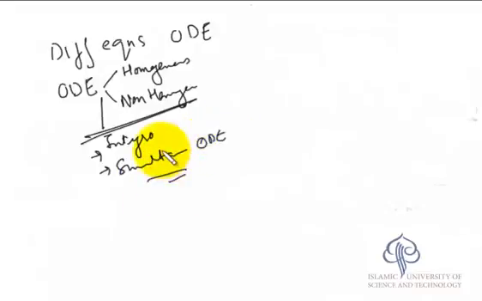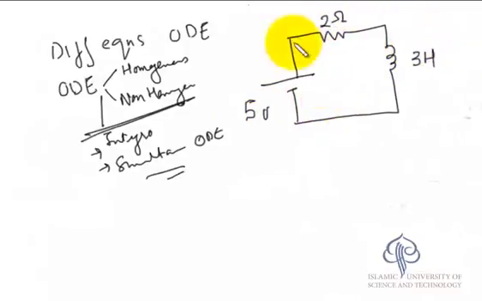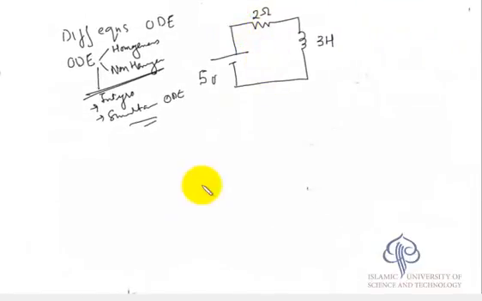So with this information, we should be able to solve some simple circuits, and slowly we'll move on to more complicated ones. Like for example, if we are given a simple circuit like this, a source, a resistance, and an inductance. Suppose it is given that this is 5 volts, this is 2 ohms, this is 3 Henry, and you want to find the current in the circuit.